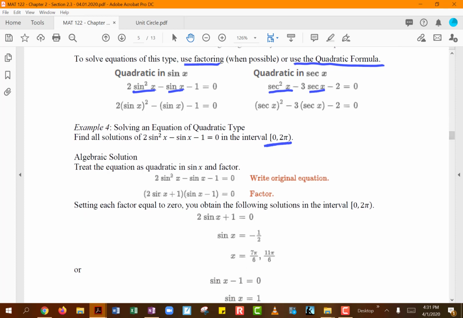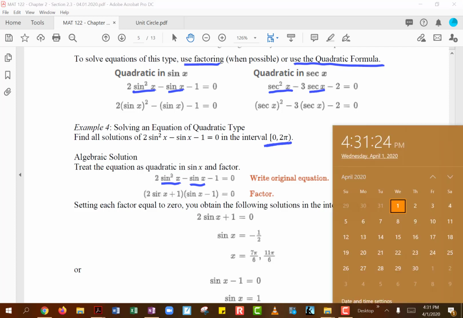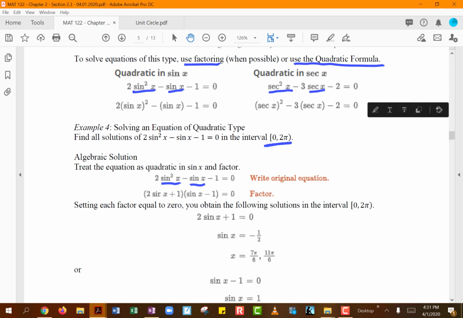You're given 2 sine squared x minus sine of x minus 1 equals 0. If you think about the sine of x function being our variable, let's call it variable, I don't know, z. You can rewrite this original equation as 2 times z squared minus z minus 1.